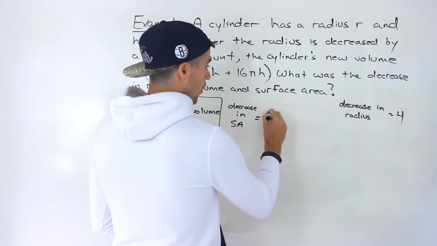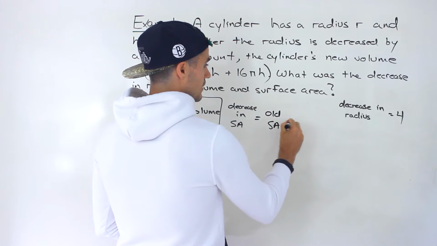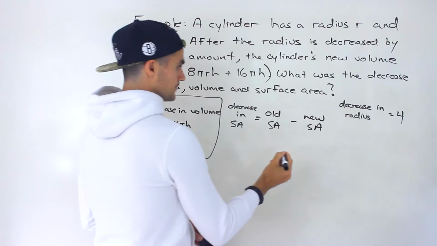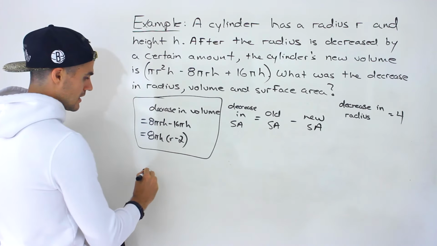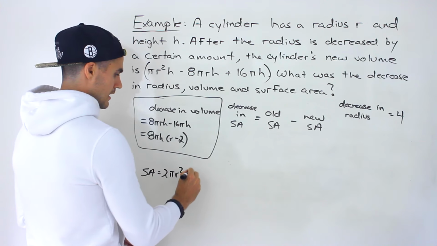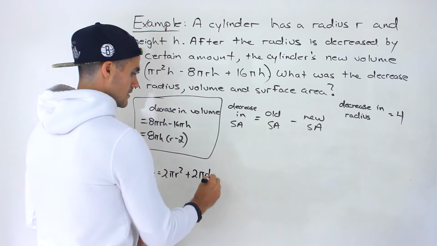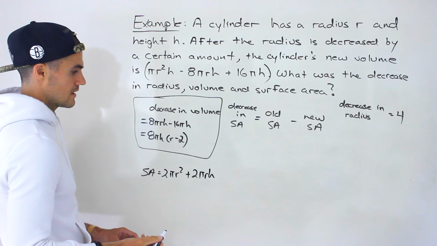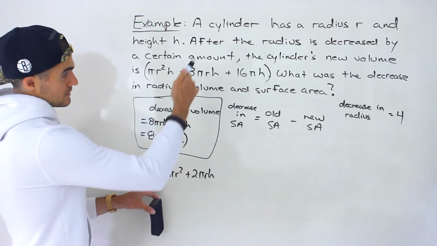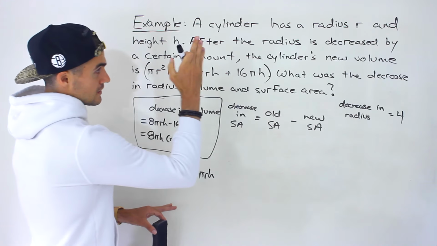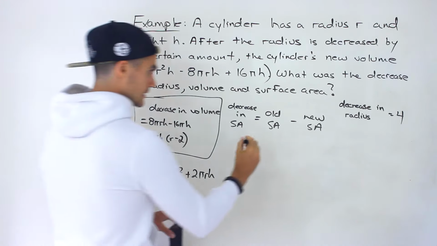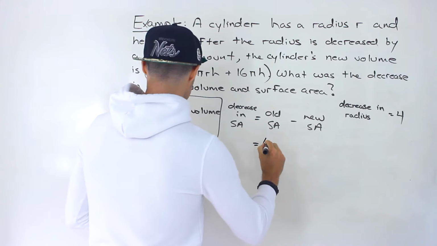Well, we take the old surface area and we subtract the new surface area. Now, surface area, as a quick reminder, is that formula right there for a cylinder. Now, with a cylinder, the old surface area, the cylinder had a radius r and then a height h. So it's basically just this amount.